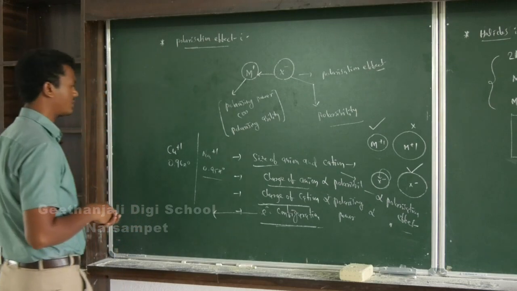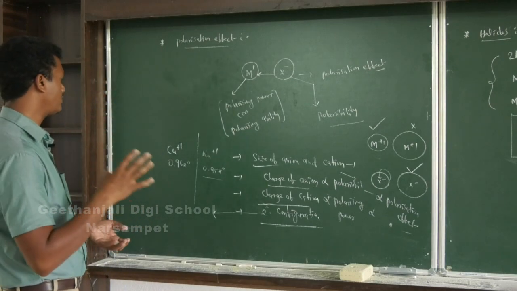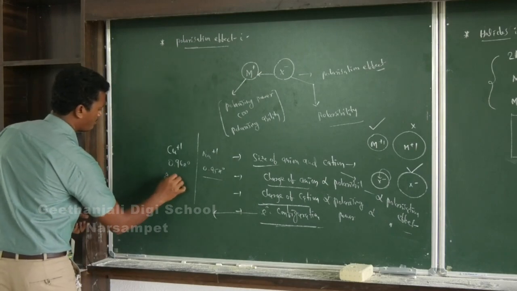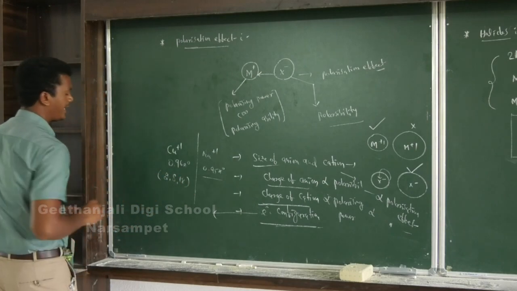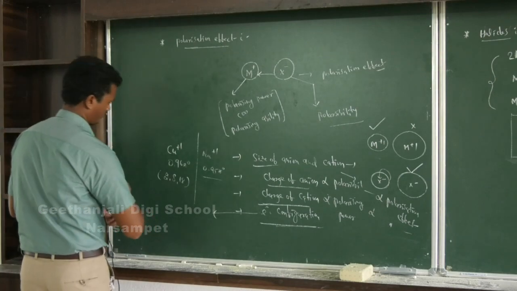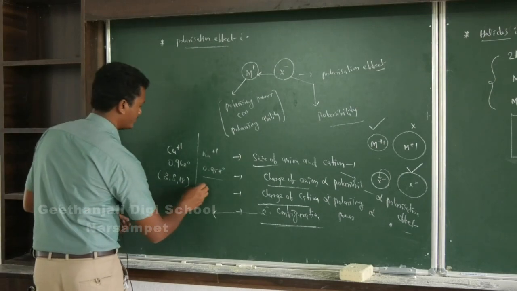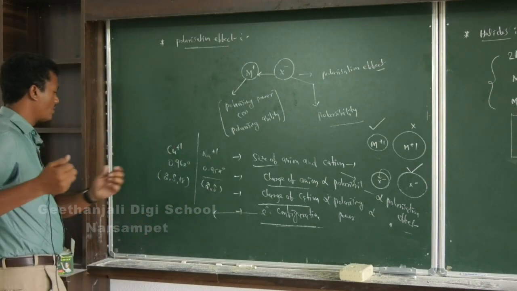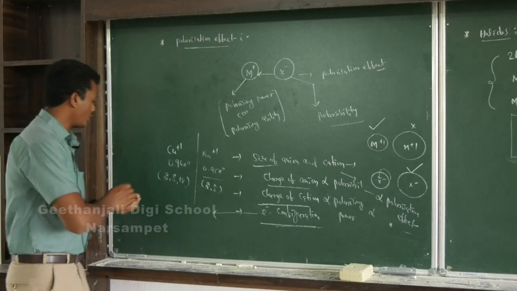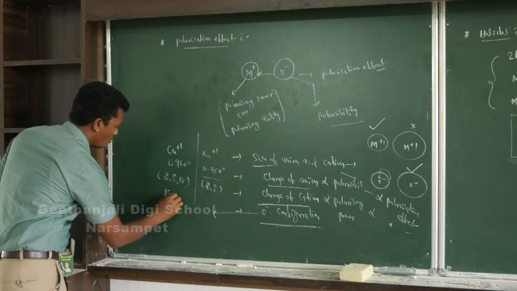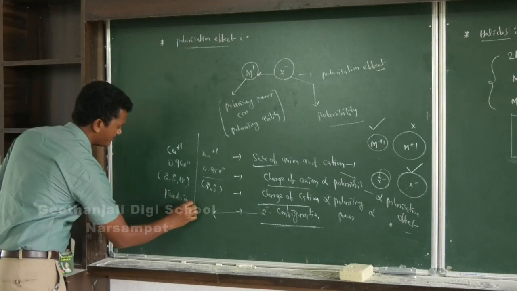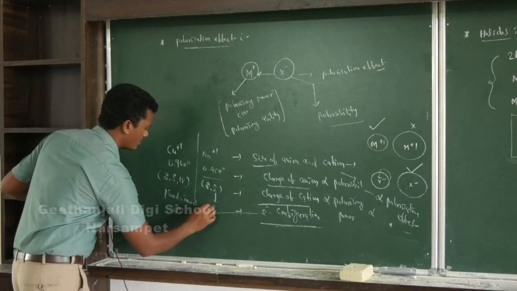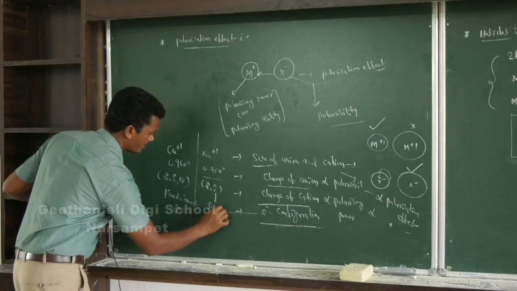Almost those two cations are the same size, but the electronic configuration is different. The electronic configuration of Cu plus is 2, 8 and 18. Na plus 1 is 2 and 8. This configuration is called pseudo inert gas configuration. This configuration is called inert gas configuration.